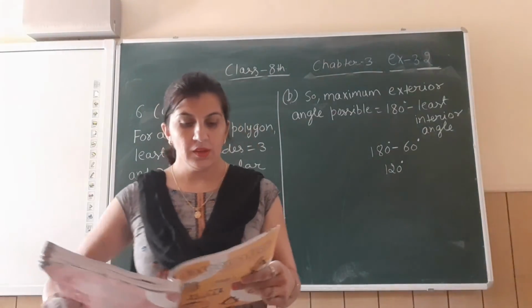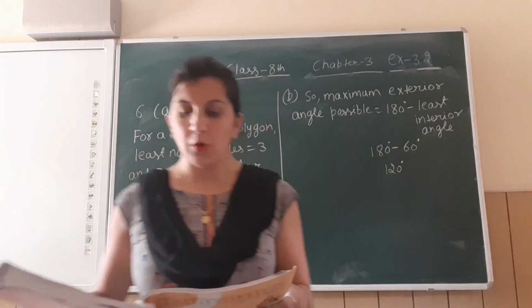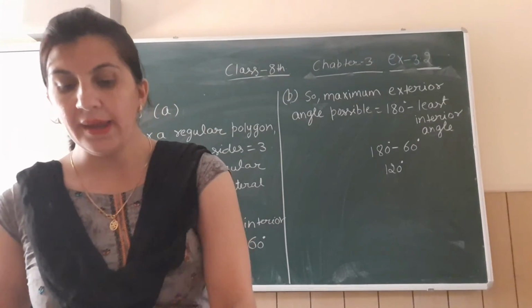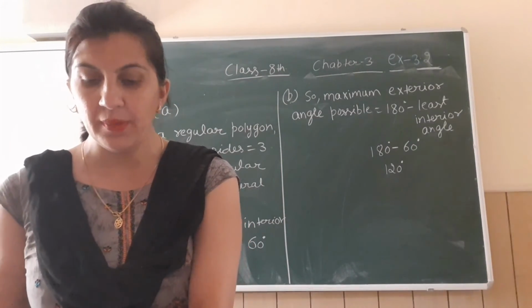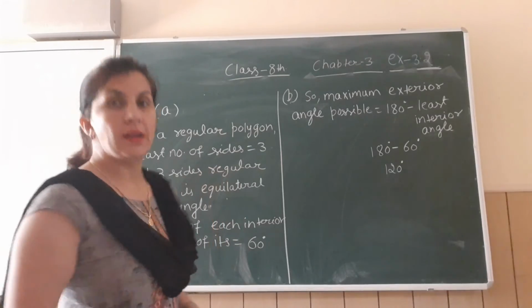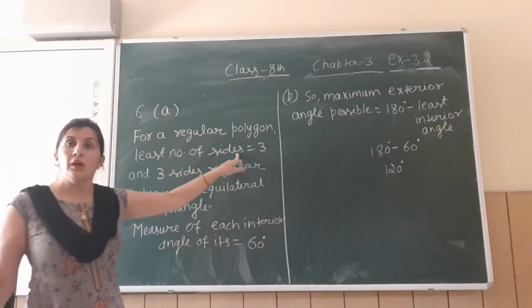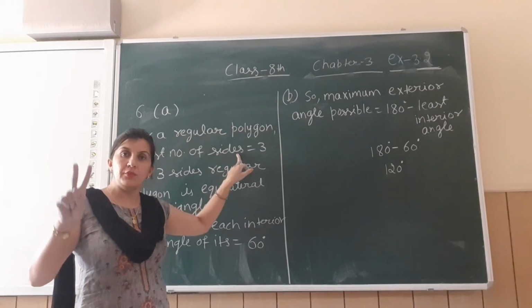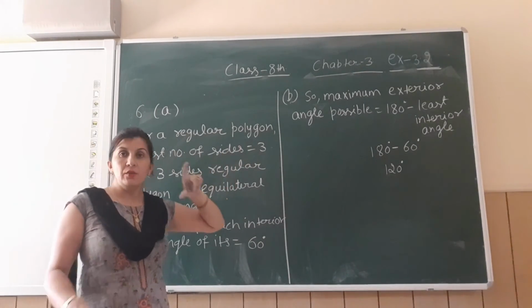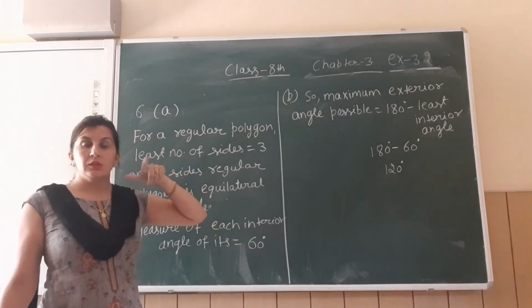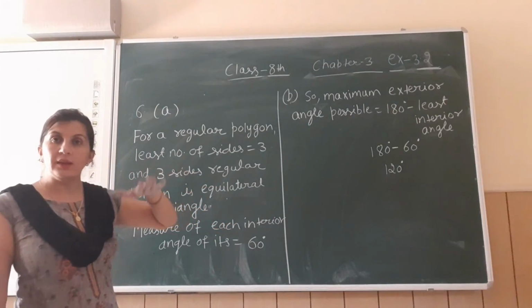Next is question 6. What is the minimum interior angle possible for a regular polygon? And second, what is the maximum exterior angle possible for a regular polygon? For a regular polygon, consider the least number of sides. At least 3 sides must be there if it is a polygon. What is the name of the regular polygon which has 3 sides?